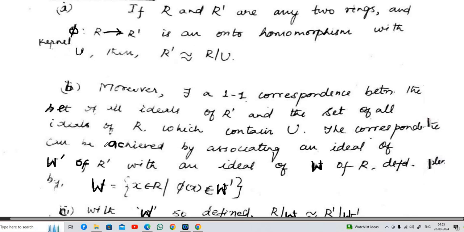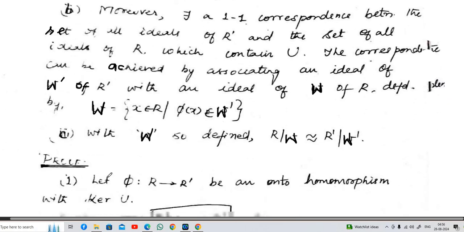This correspondence can be achieved by associating an ideal W prime of R prime with an ideal W of R defined by... So how is W defined? That's defined in terms of W prime, and W prime is assumed to be an ideal in R prime. So again, this is also similar to the lemma in section 2.7.